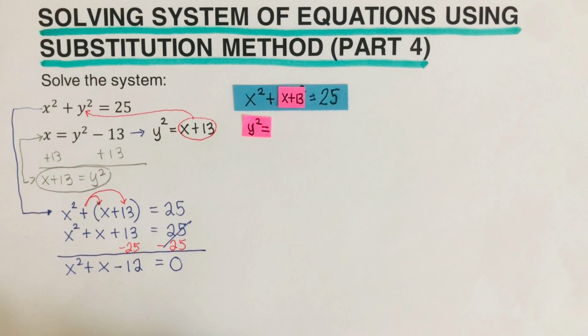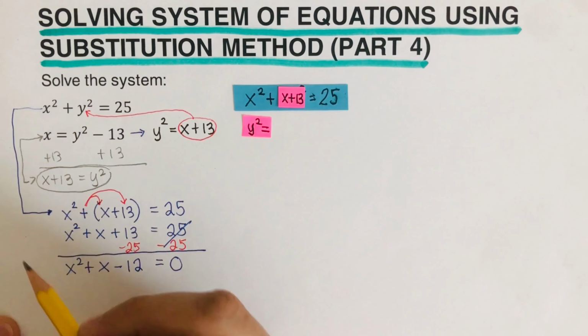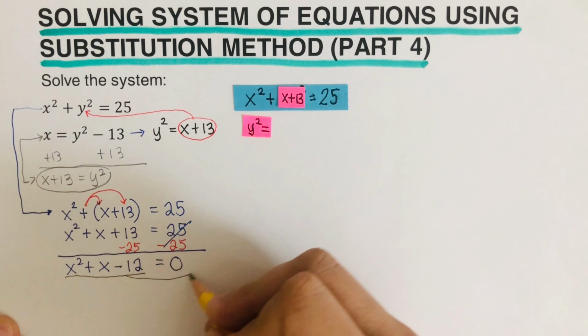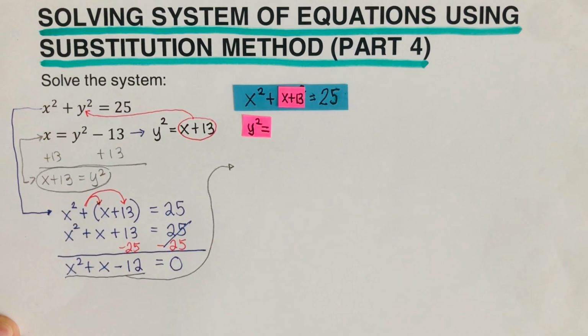From here, we are going to use the box and diamond to factor this, and I'm going to show the box and diamond method up here on how we can factor this. This is how it's going to look like.